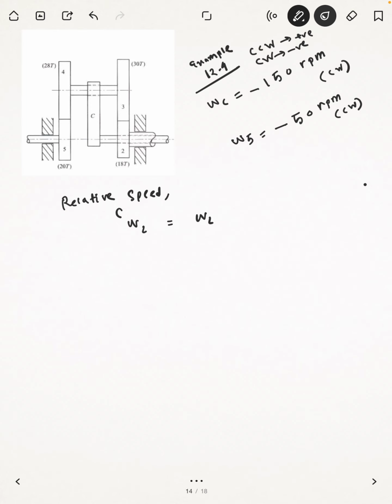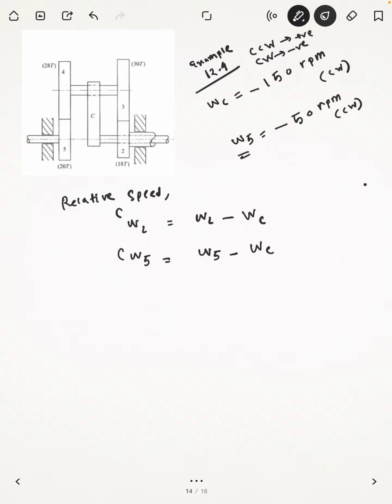So you always subtract the one you take as reference, that should be omega c. Now if I want to write what is given, omega 5 is given. So if I want to write omega 5 relative to the carrier, I can write c omega 5, which is basically omega 5 minus omega c.